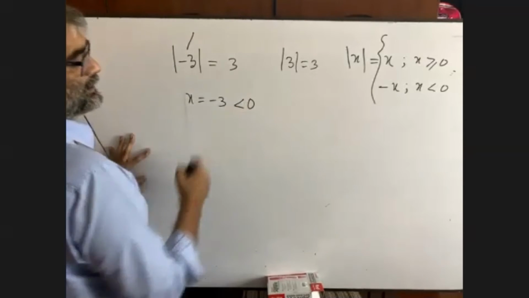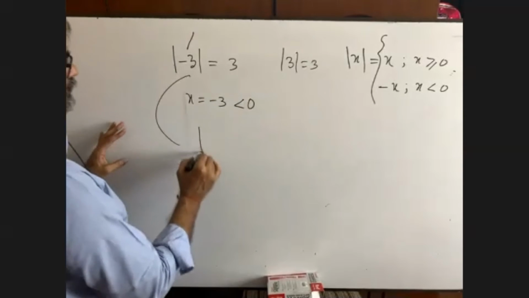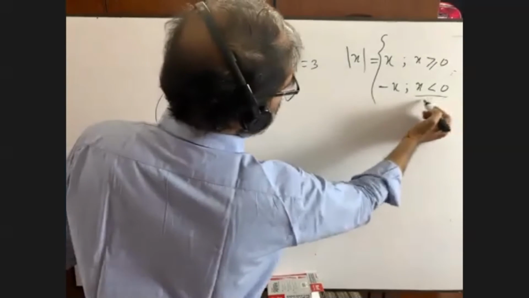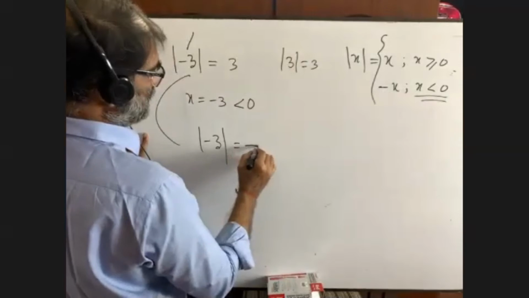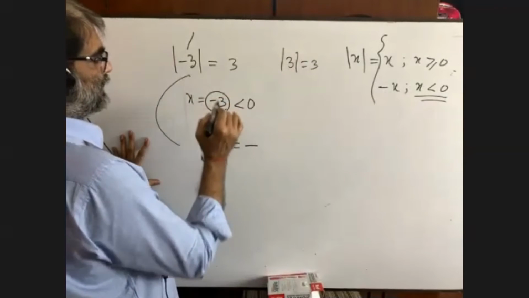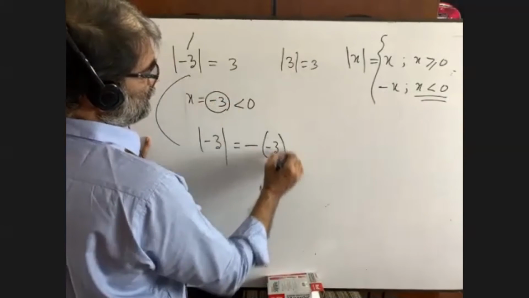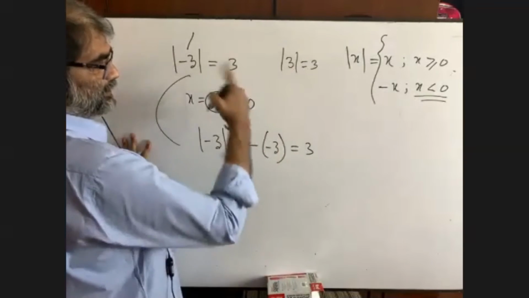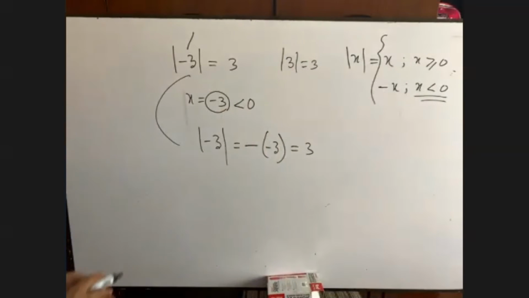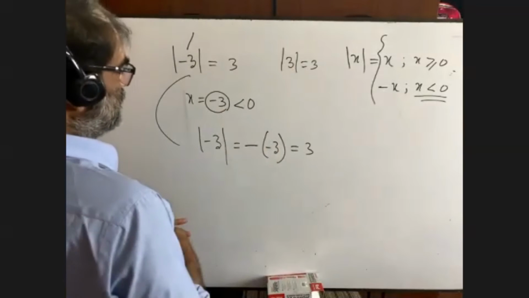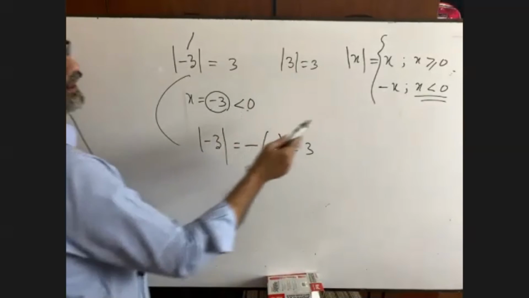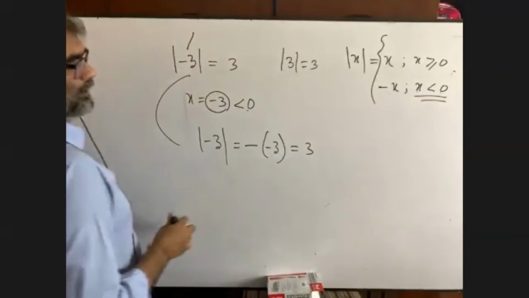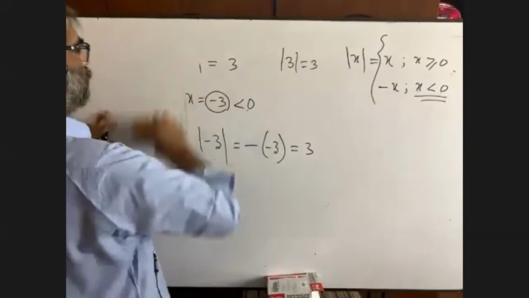So the absolute value of minus 3, if it is less than 0, then we have minus x. What is the value of x? Minus 3. So minus x is 3. My absolute value of minus 3 is 3. This is the proof. You see, this minus 3 is less than 0, I wrote here, if it is less than 0, then minus x.